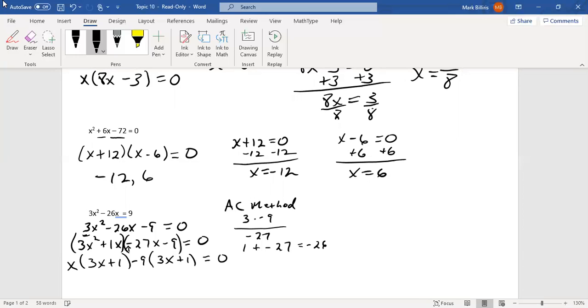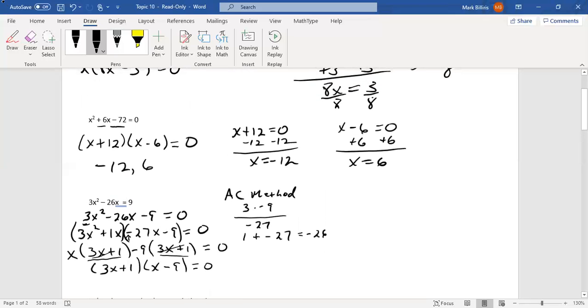Recall that we want these two factors to be identical. So our last step in the factoring process is the 3x plus 1 is our greatest common factor, so we'll factor that out. And when we factor out the 3x plus 1, that would leave us with x minus 9.